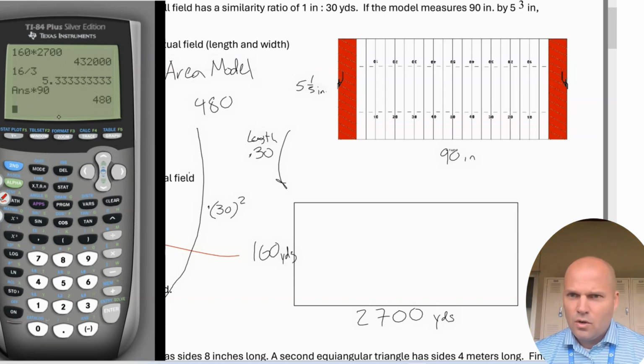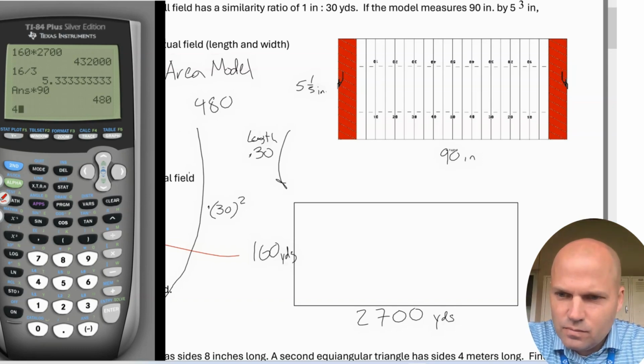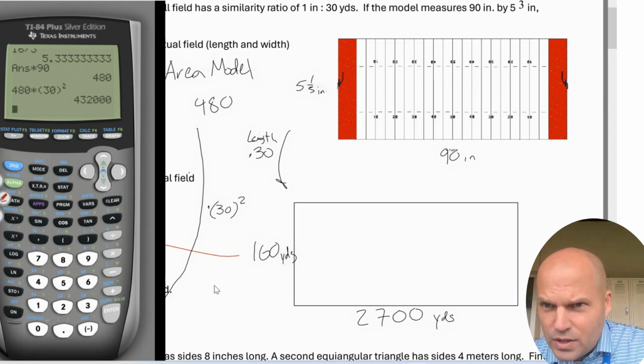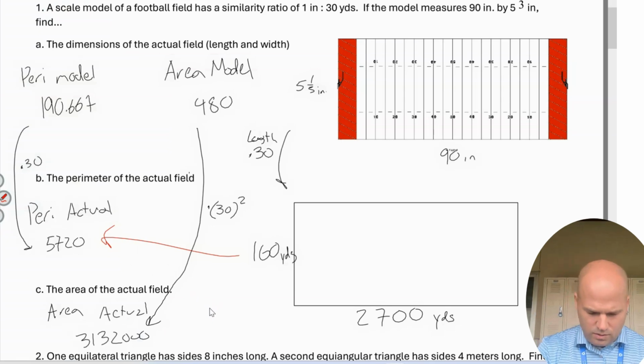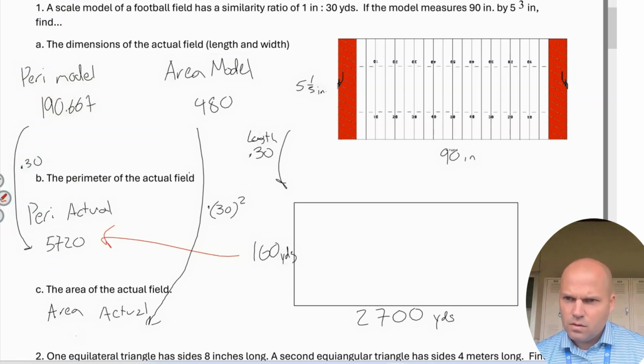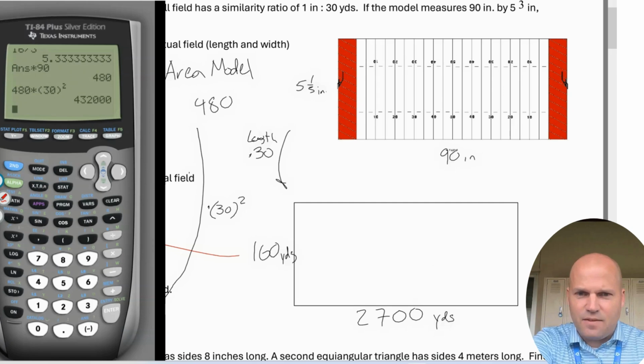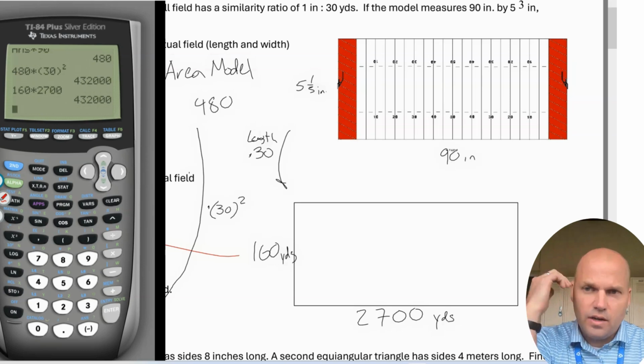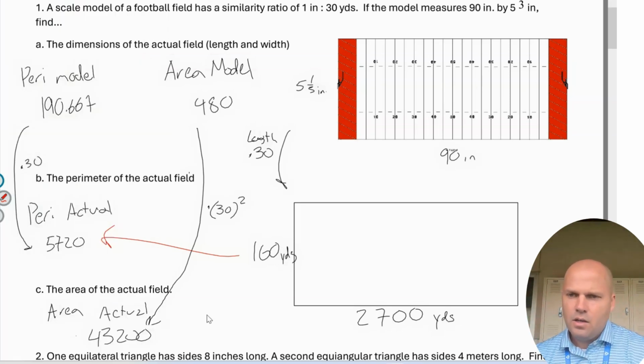Whoops. 480 times 30 squared is 43,200. And that is the same as if I had my dimensions of my actual fields and I just calculated this area. Okay, so again, you got to understand the relationship between the model and the actual.